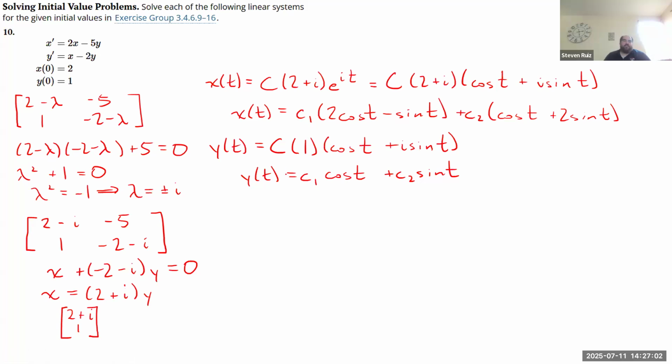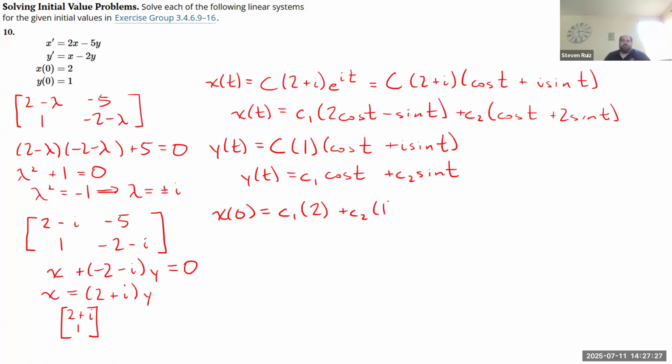So now we can use the initial conditions. So x of 0. What happens when I plug in 0 for all my t values in here? I get c1 times 2 times cosine of 0, which is 2, minus sine of 0, which is 0, so 2c1, plus c2 times cosine of 0, which is 1, plus 2 sine of 0, which is 0.